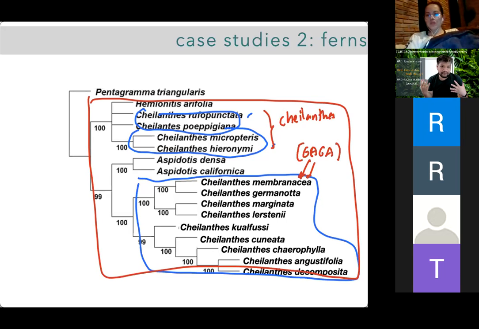If you're working on this group, you can decide the other way around. You can say, I don't like this solution, I want to lump. I can call this whole thing Calientus and be done with it. As the older name already exists, you just move a bunch of these things into Calientus too. You could do that. And this happened with other things too.